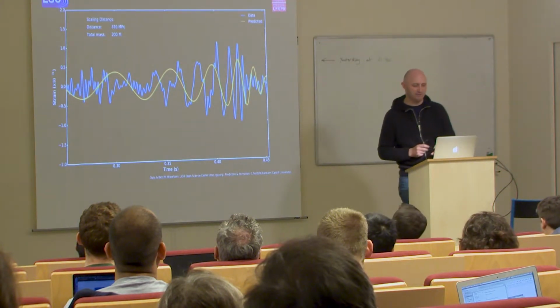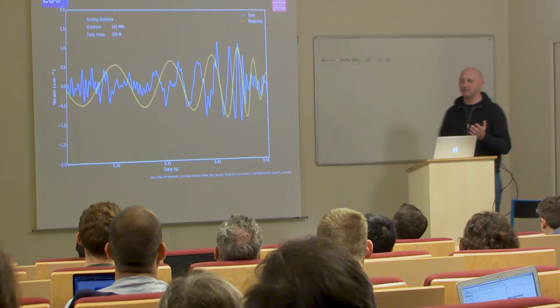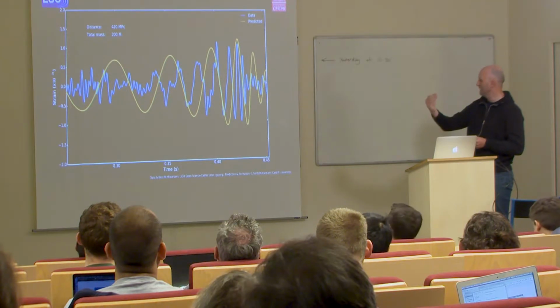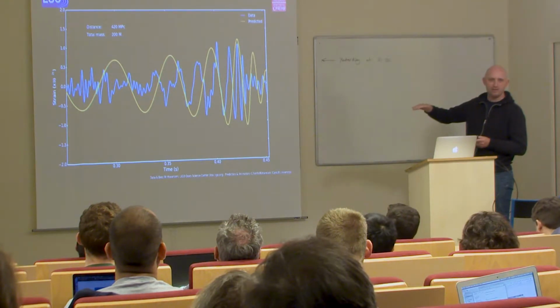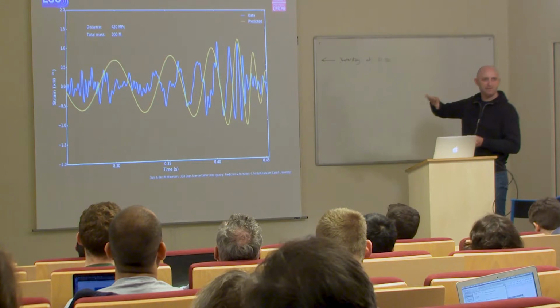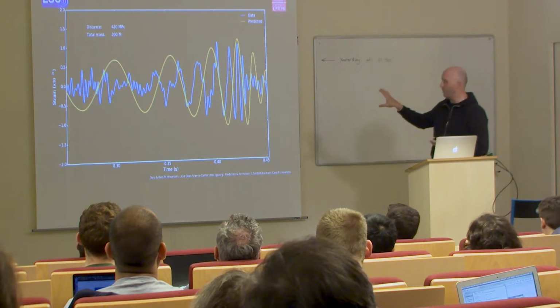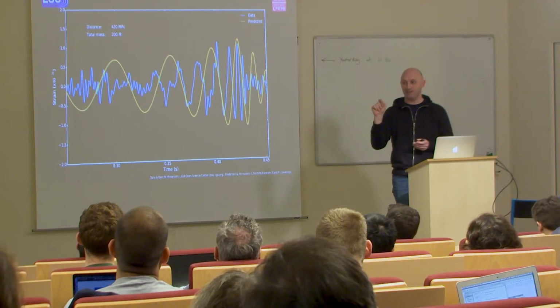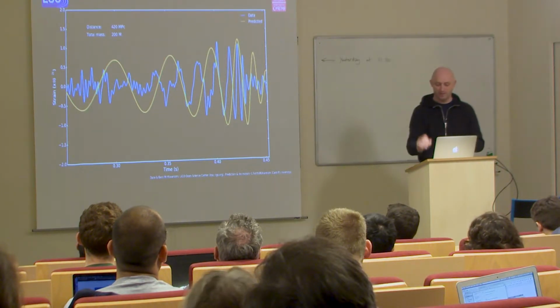So let's just move the luminosity distance. So basically I'm taking my source and I'm just moving it in and out in the universe. And you can see that basically all I've done is I've shifted the amplitude. I haven't changed the phase in any way, shape or form. Now I'm going to change the total mass, and the total mass appears in the phase of the two polarizations.